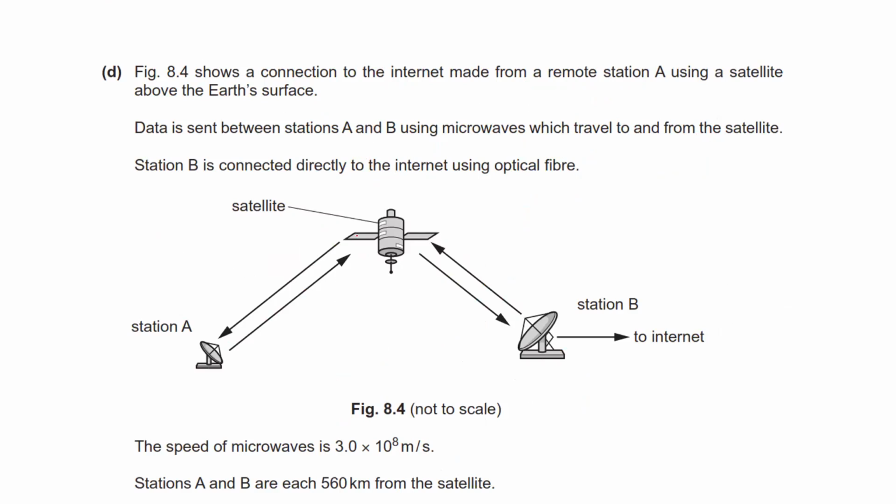The station B is connected directly to the internet using optical fiber. The speed of microwaves is given as 3 into 10 power 8 meters per second. Station A and B are each 560 kilometers from the satellite. So remember, this distance is 560 kilometers, and this is 560 kilometers.